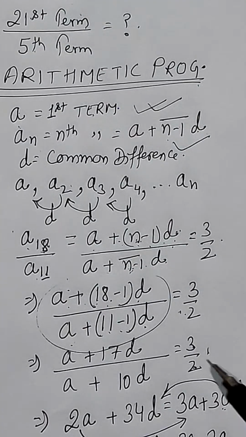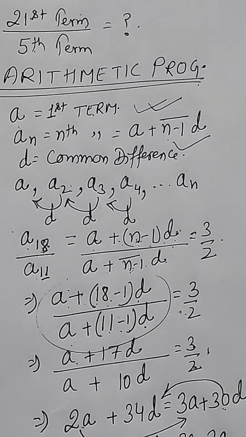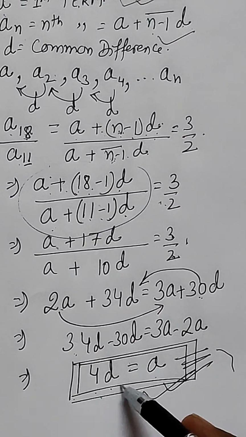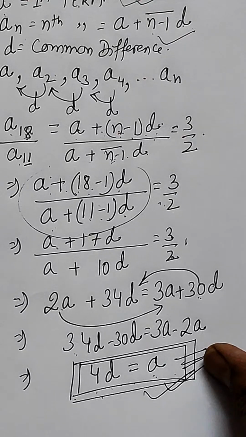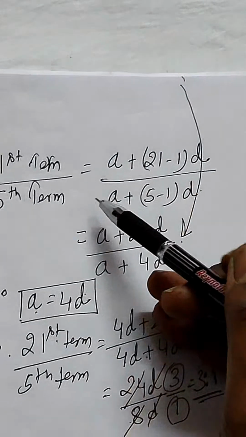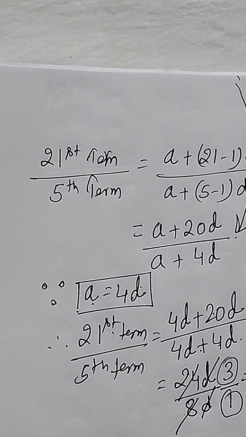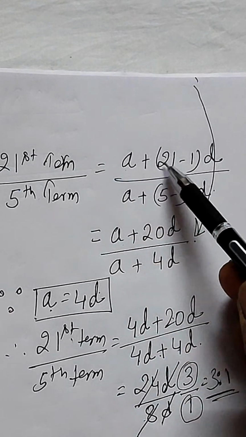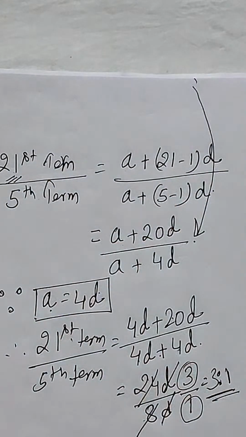Now we just solved it, and after that we get the relation. What did we derive? We derived 4d equal to a. Since a equal to 4d, we use this to find the ratio of the 21st term to the 5th term, because the ratio is given as a plus 21 minus 1 into d, because here n equal to 21, right?